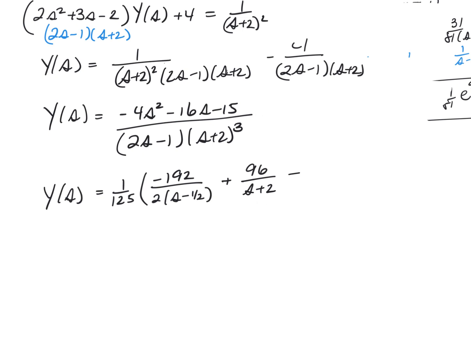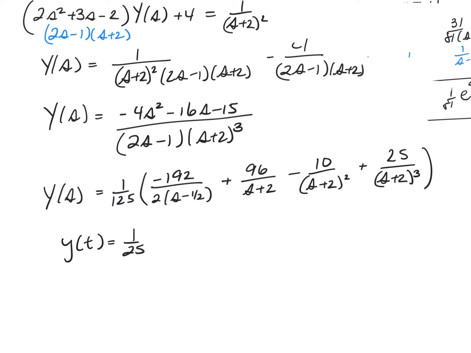And then minus, now this one would have actually been negative 2 over 25, but since I factored out 125, this will be negative 10 over s plus 2, the quantity squared. And then my last one is going to be 25 over s plus 2, the quantity cubed. So then my y of t will be equal to 1 over 125.